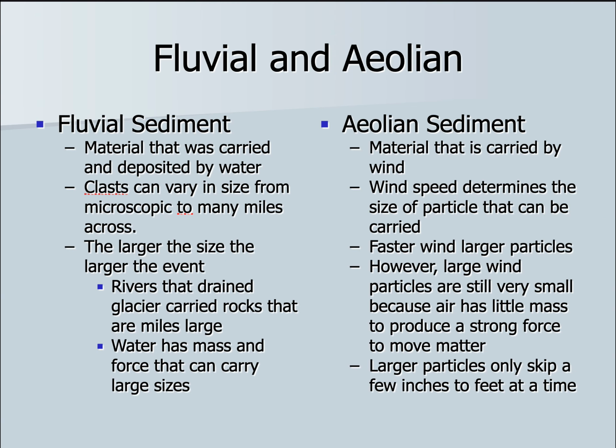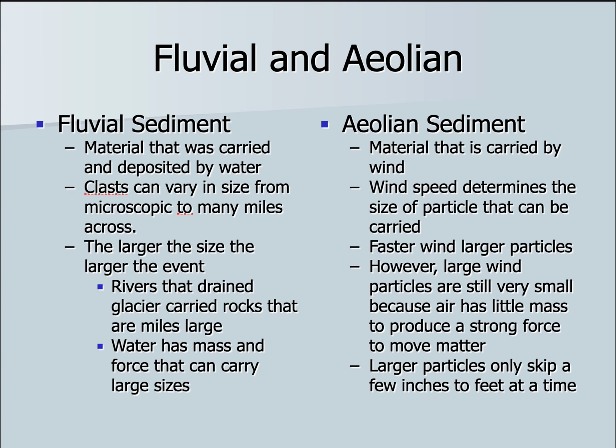So we've got 2 ways that these rocks can be made into sedimentary rock, and that's fluvial and aeolian. We'll talk about fluvial and aeolian a little bit later, but I wanted to make sure that you guys had it. So fluvial is material that has been carried and possibly eroded by water action.